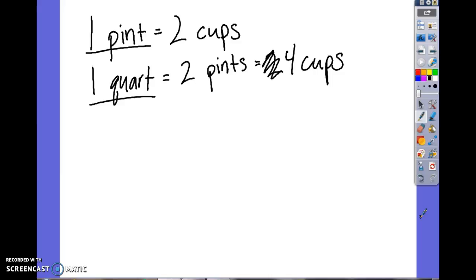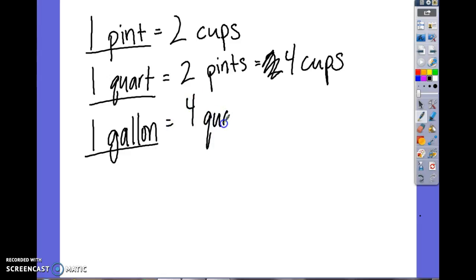Okay. 1 gallon, okay, is 4 quarts. Four quarts, okay, is equal to 8 pints.